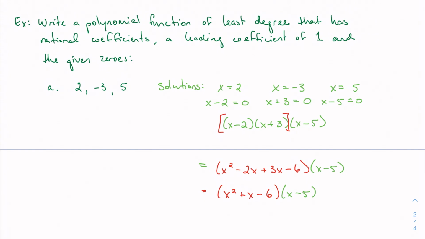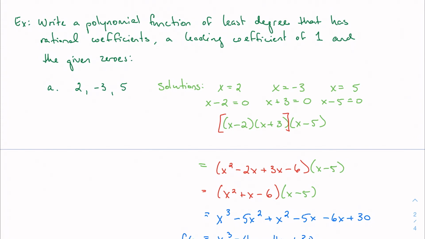So x squared times x, x squared times -5, x times x, x times -5, -6 times x, and -6 times -5. Combine like terms. And sure enough, there is my polynomial function.